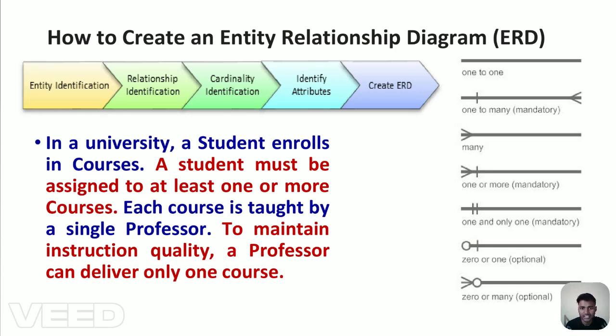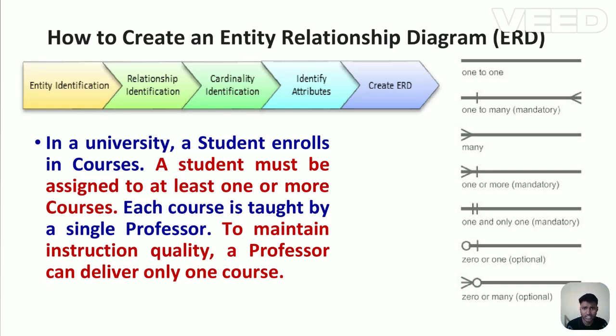And cardinality, like one to many, many to one, and many to many. This comes into it. Then identifying attributes, like which type of attribute it is: key attribute, composite attribute, multi-valued attribute, or derived attribute. Then create the ERD. So this is the path to create an ERD diagram.